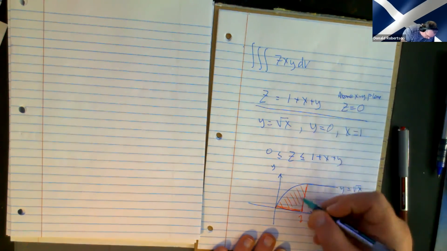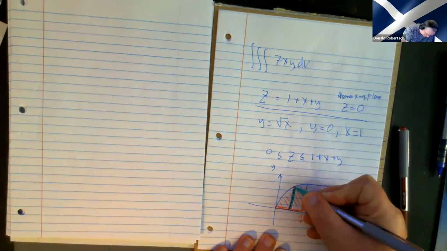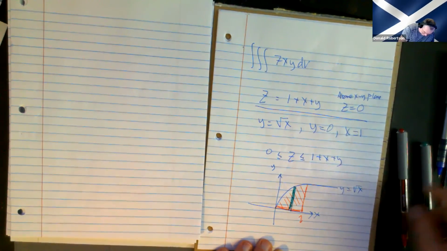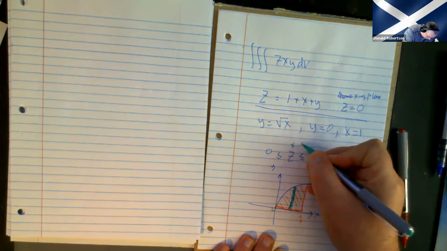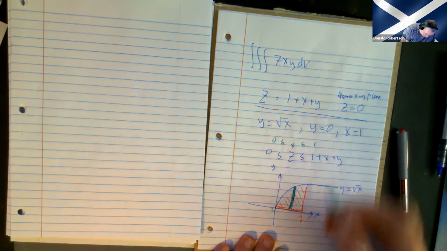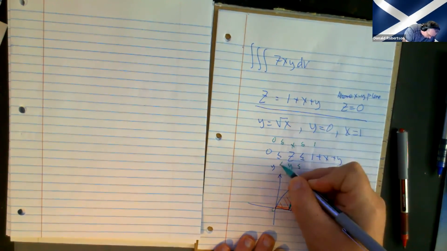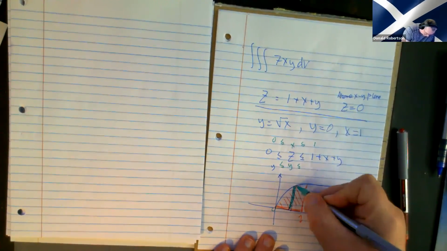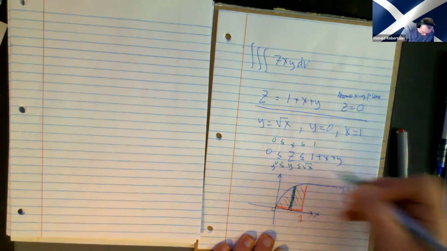My favorite go-to is vertical type 1. So when I can do it, I tend to use them. And what does that tell me? Well, it tells me that x is going to go from 0 to 1. And y is going to go from top to bottom. Well, the bottom is 0 and the top is the square root of x.